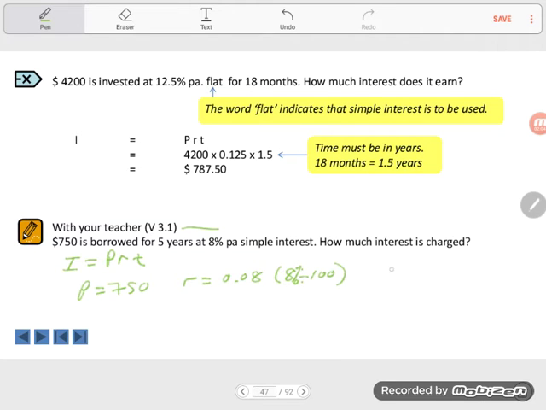And the time is measured in years. We've got 5 years. So we've got 750 times 0.08 times 5. Now if you put that into the calculator, you should get $300. So for borrowing this money, this person is charged $300.